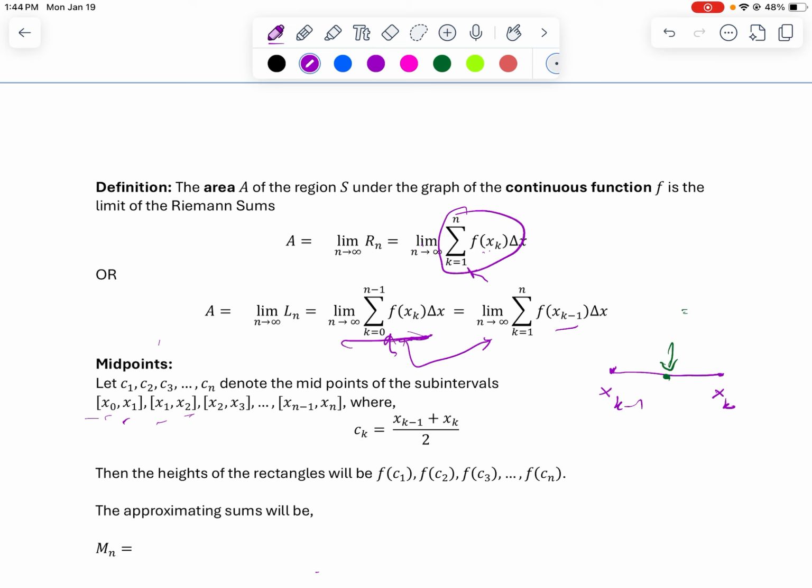So what is c k? c k will be the sum of these two, x of k minus 1 plus x of k, divided by two.